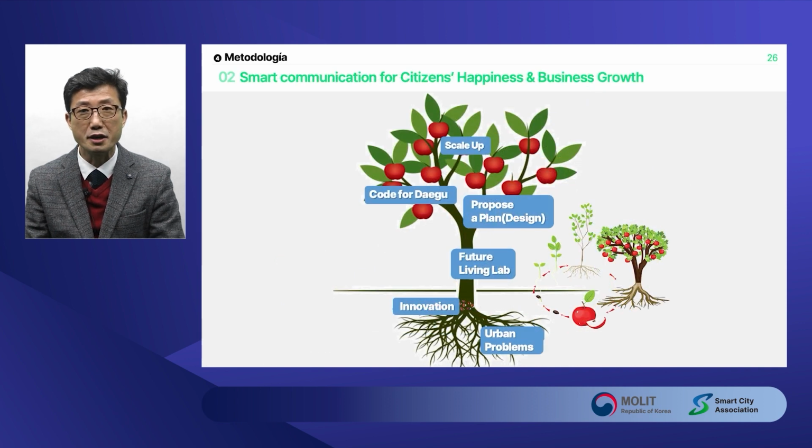This is a detailed program of the process. We call it a smart communication platform. The citizens are trained to define urban problems and make the problem bank. Then the citizens suggest solutions to the specified issues, or companies provide technologies to solve them. The solutions are designed and realized in real-life living lab through continuous evaluation and stakeholder feedback.